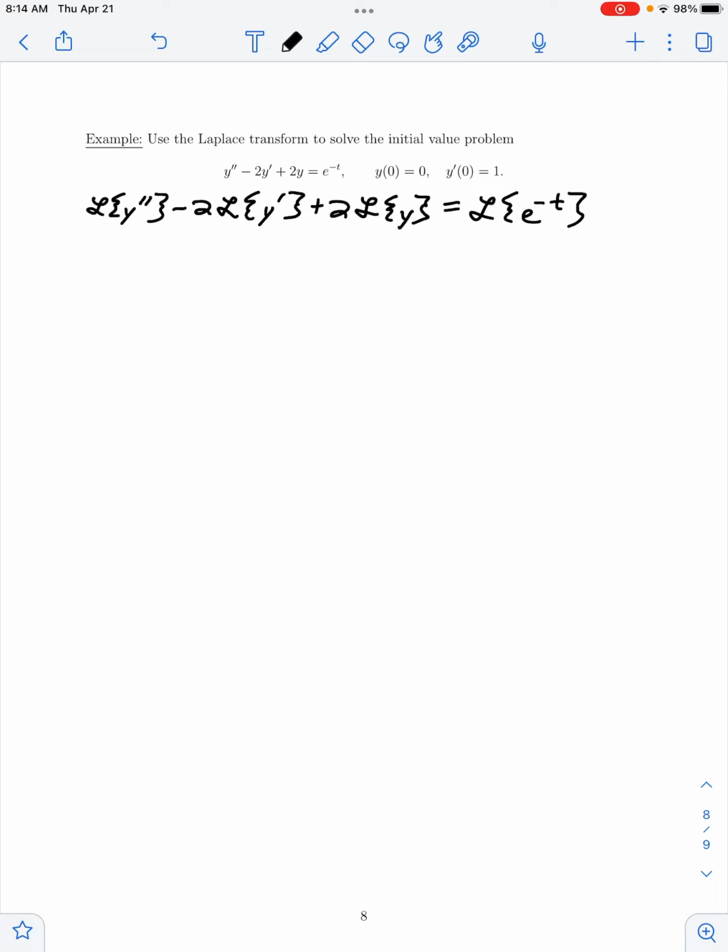And for the Laplace transform of y double prime, I have s squared times the transform of y minus s times y naught minus y prime of 0. Then I'm subtracting 2 times the Laplace transform of y prime, which would be s times the Laplace transform of y minus y naught.